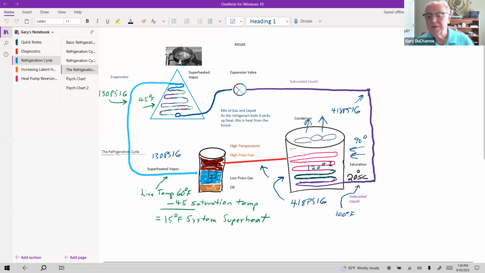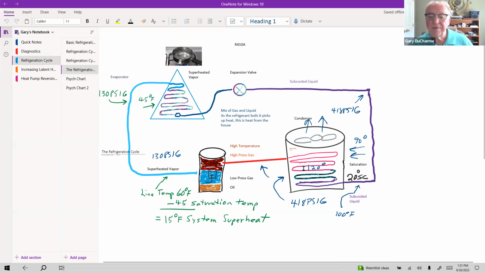Even at 120 degrees, it's warmer than the 90-degree air that's going over it, so it continues to give up its heat at 120 degrees. At 418 psig, this 90-degree air is cooler than 120 degrees, so the heat in this refrigerant is going to go off into this air and be expelled out of the top.